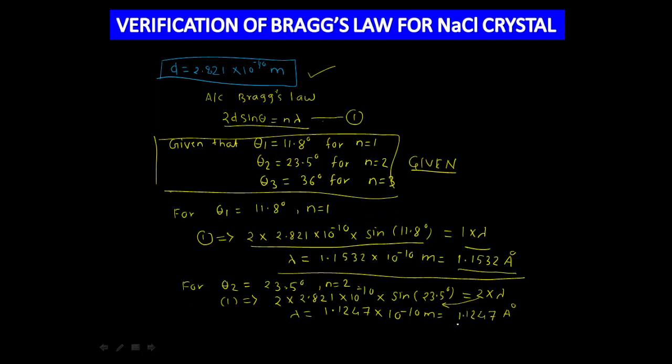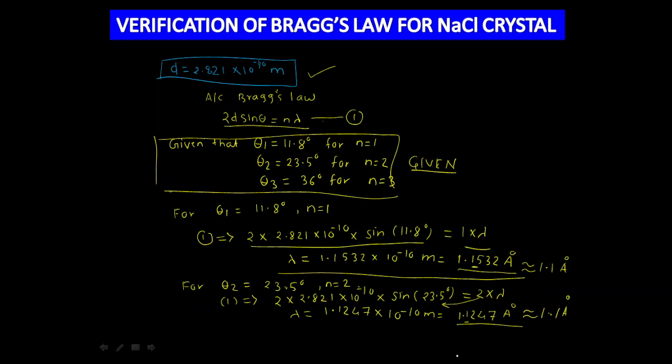So for theta 1 we get 1.1532. For theta 2 we get 1.1247. That is nothing but approximately 1.1 angstrom, and this is also approximately 1.1 angstrom if I consider one decimal place.